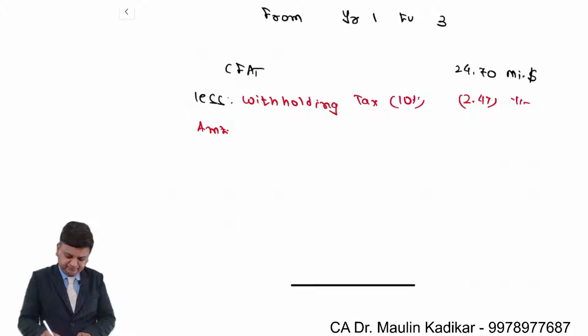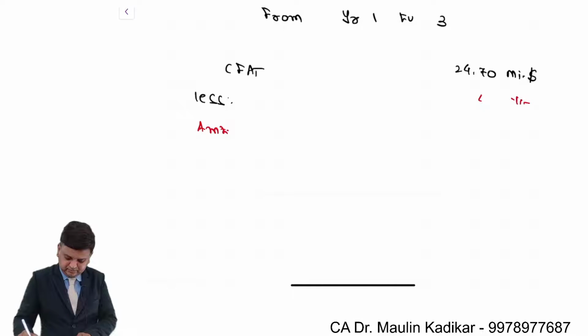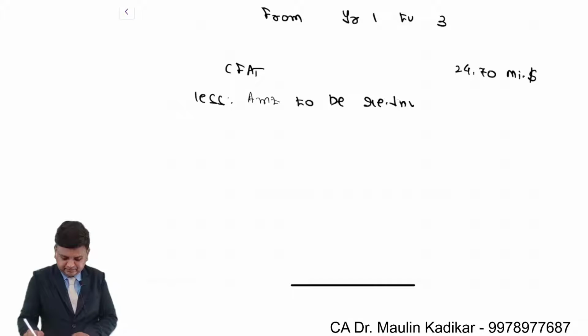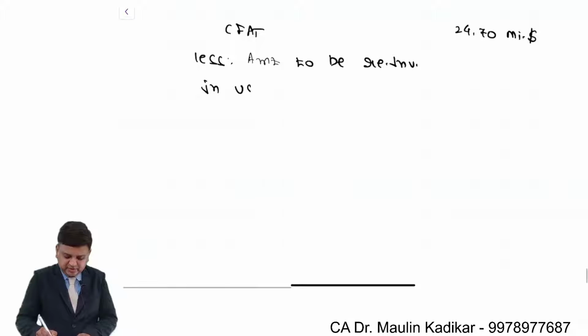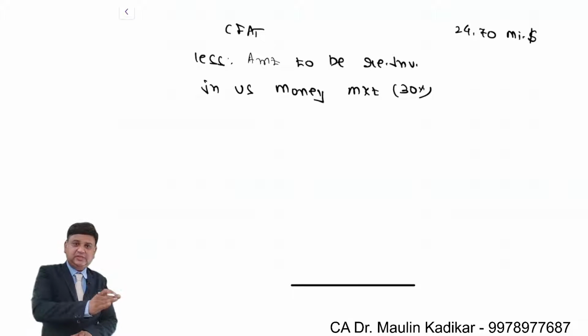So first of all, from 24.7, we will have less amount to be reinvested in US money market, because you can withdraw only 70 percentage.